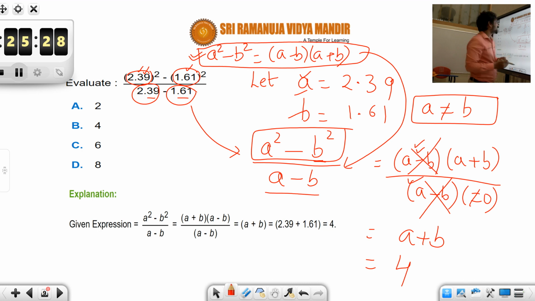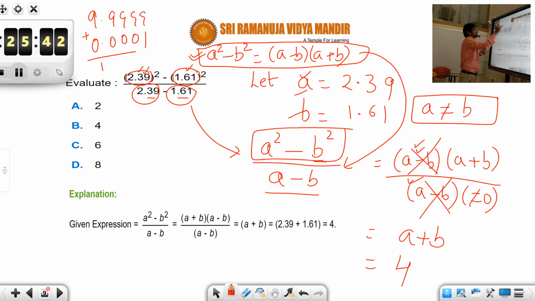So for example, I'll take something like 9.999999 something, and the other number I'll choose as 0.0001. You can see that the sum of these two is 10, but I'll be making a complicated question in this form, a square minus b square upon a minus b.